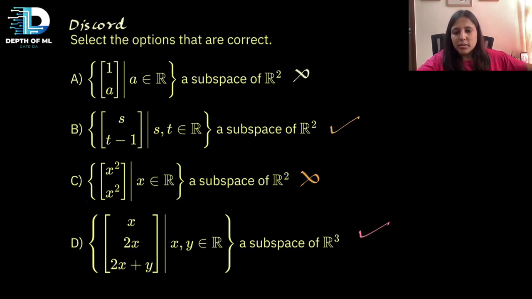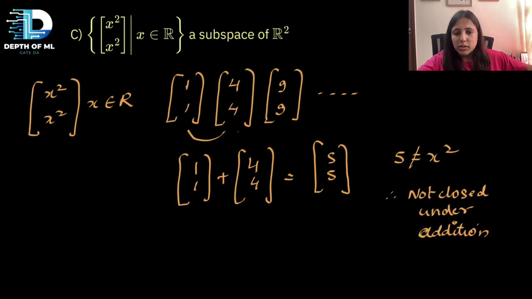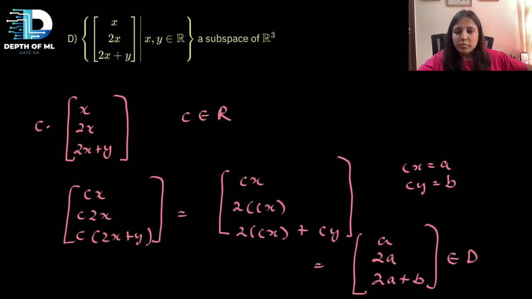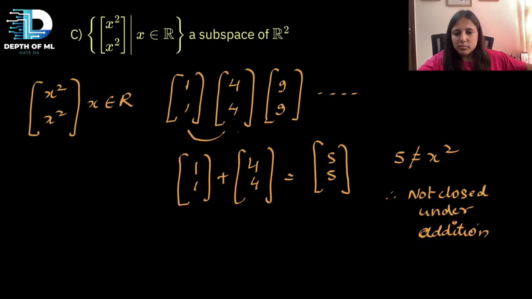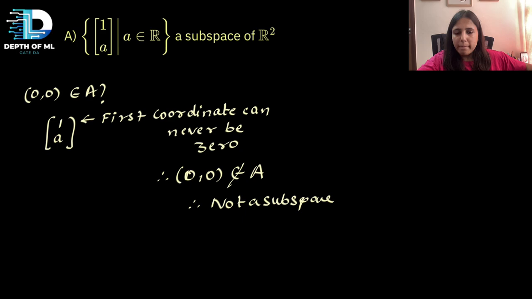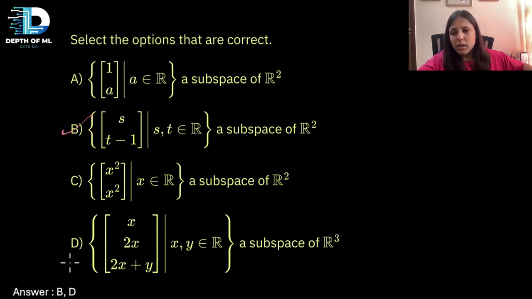So the correct statements in this are B and D. B and D are the correct subspaces.